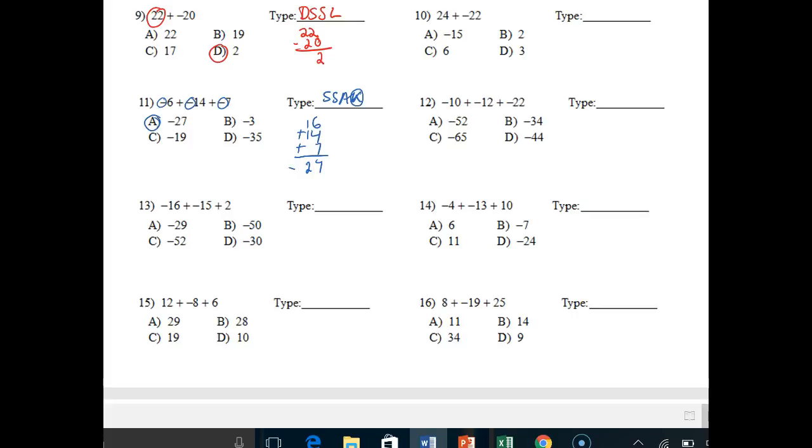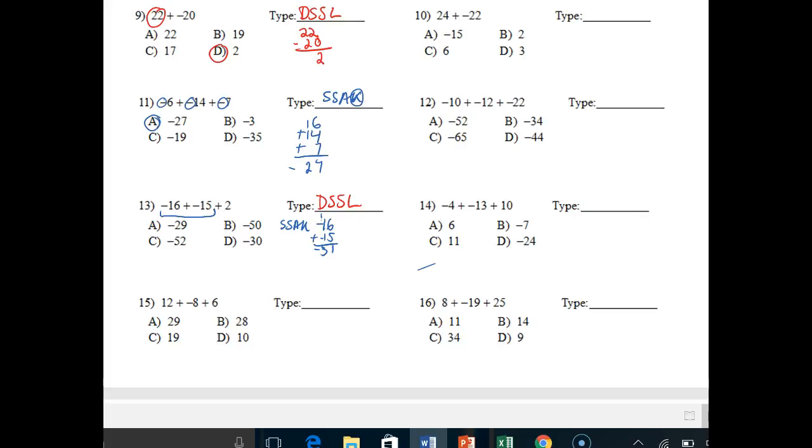Number 13, we have DSSL because we have negatives and positives. So here's what you're going to do first. First, you're going to solve the SSAK problem. The SSAK part of this is negative 16 plus negative 15, right? That gives me negative 31.